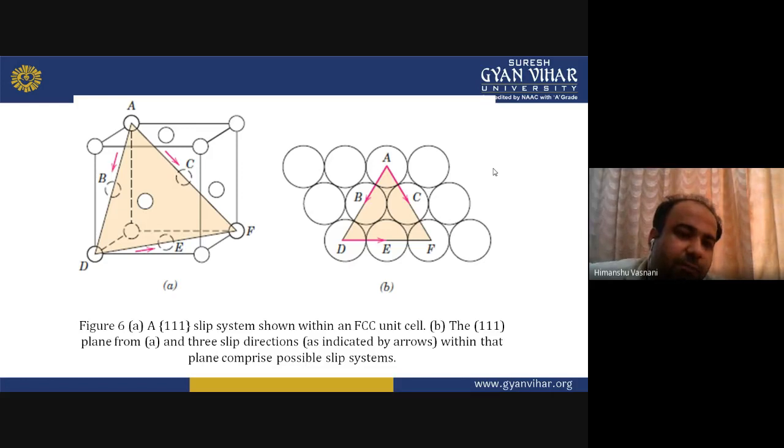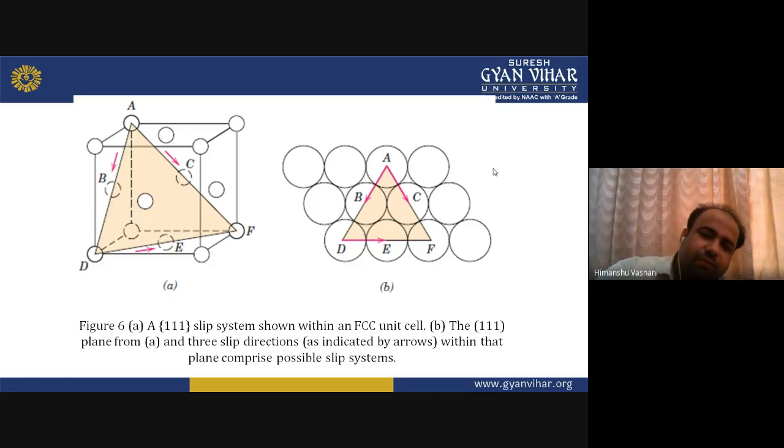So they have found a plane through which this happens in an FCC itself, and they have shown this within the FCC cell with the 111 plane at A. The possible slip systems are also shown with the help of arrows in figure B. You can see A, B, C, D, E, F in figure B, with arrows going from A to B to D, then D to E to F, and then from A to C to F.